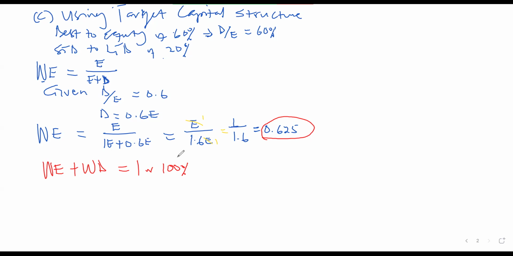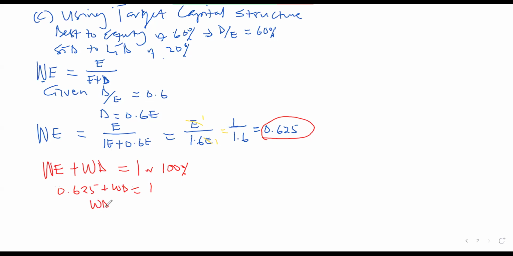If you put together, it gives you 100%. From what we've done so far, we have found weight of equity to be 0.625, and so we can base on that to find weight of debt. So 0.625 plus weight of debt is equal to 1.